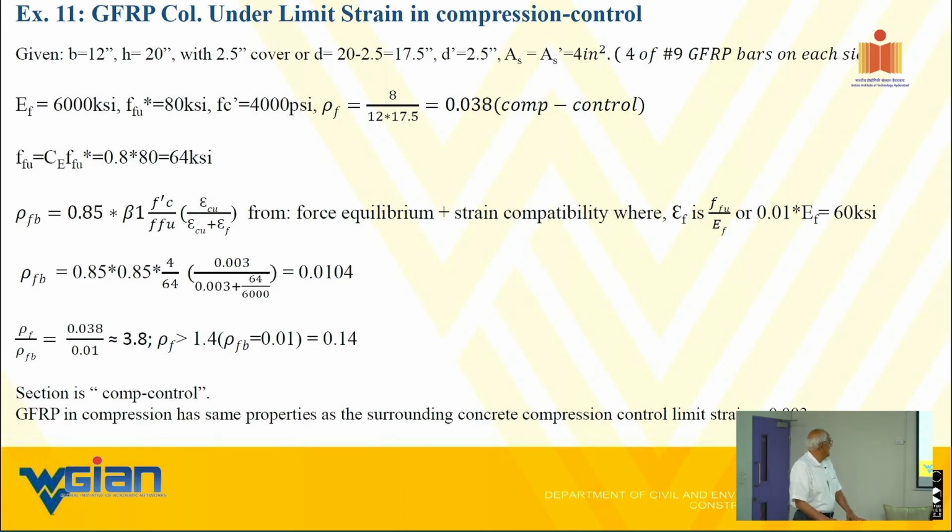So if I do that, you can see the balanced value. This equation doesn't change as we talked about it this morning. That's what that equation is. And the balance value is 0.01 compared to 0.038. So that factor 1.4 is given to make absolutely sure you are not in any gray zone. 100% certain you are in failure under compression.